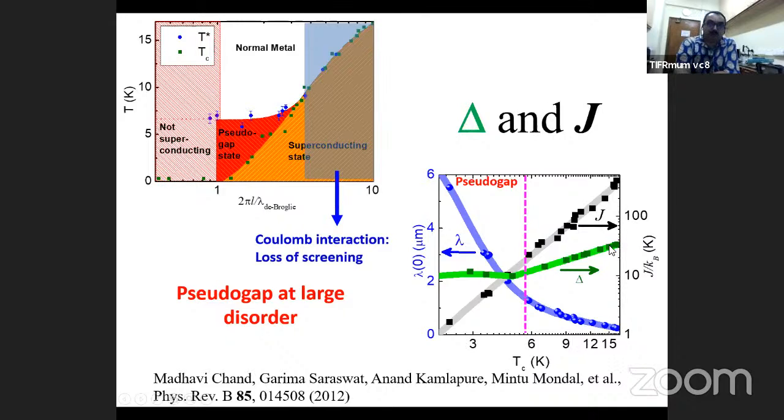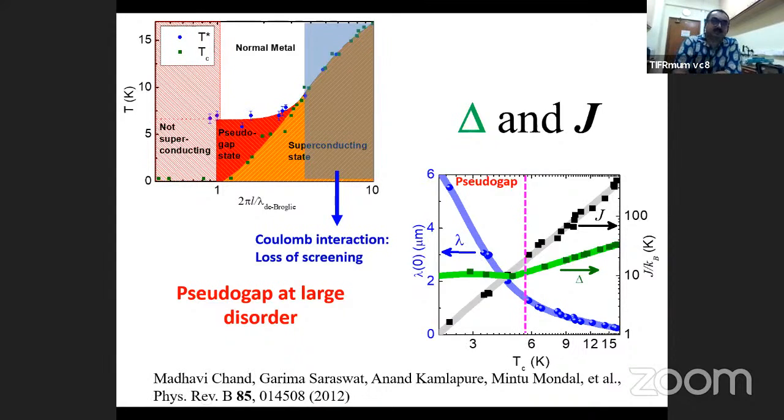So I am plotting here. This green one is the superconducting gap for these films with different Tc. This blue one is the penetration depth that is measured for all these films, the penetration depth at very low temperature.